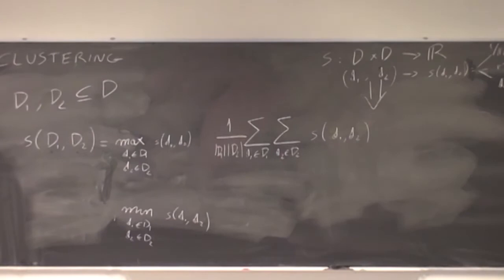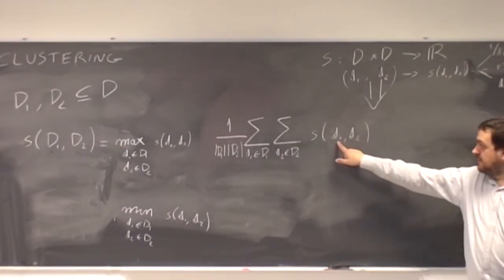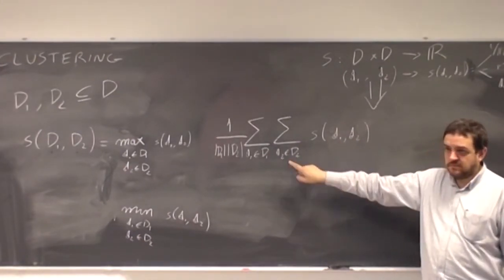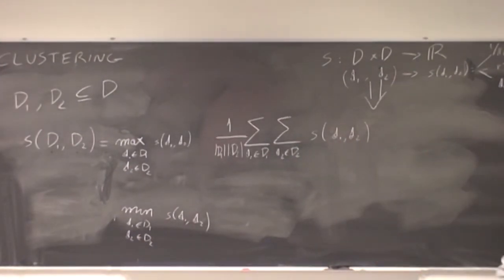You consider all possible pairs of elements where d1 belongs to the first set and d2 belongs to the second set, and you take the arithmetic mean of everything. So this is the average similarity of the two sets.